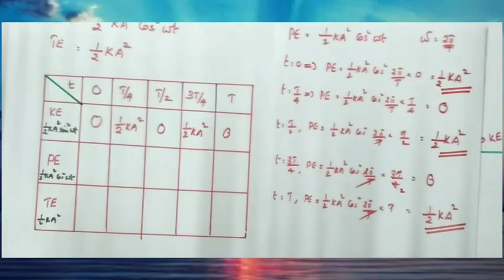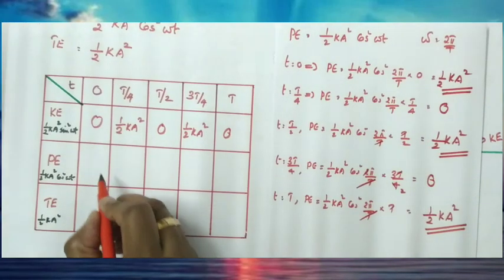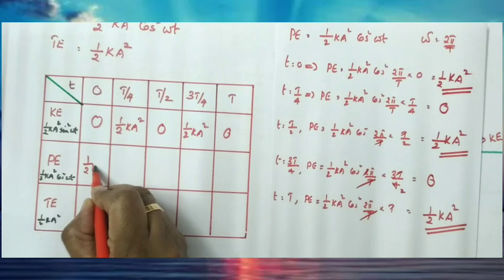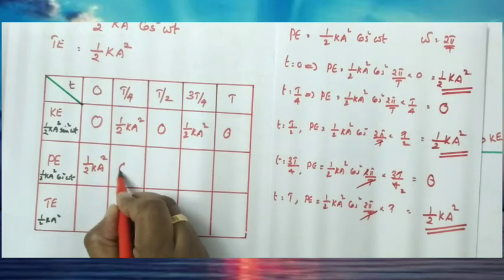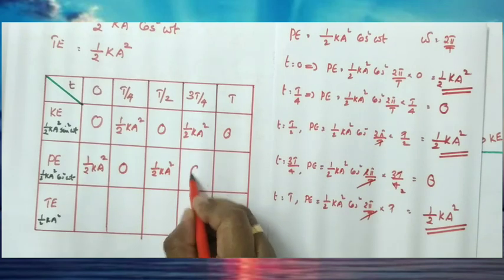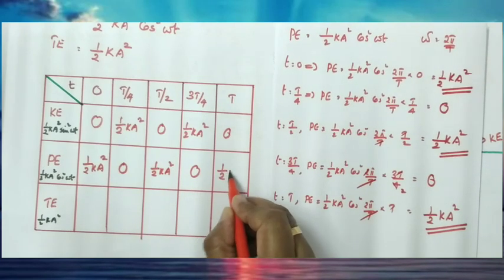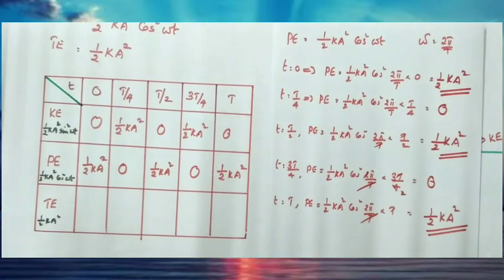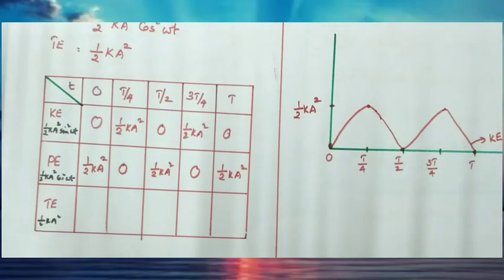So now here we can write potential energy: first value half k a square, then 0, again half k a square, again 0, then half k a square. Now in the same graph we can plot the points.